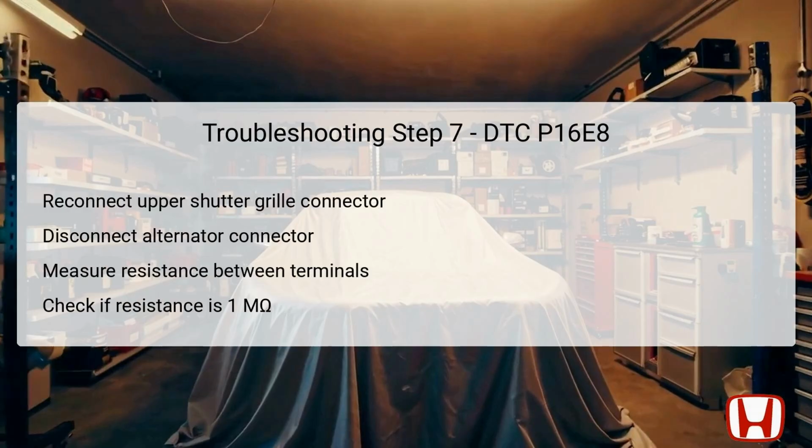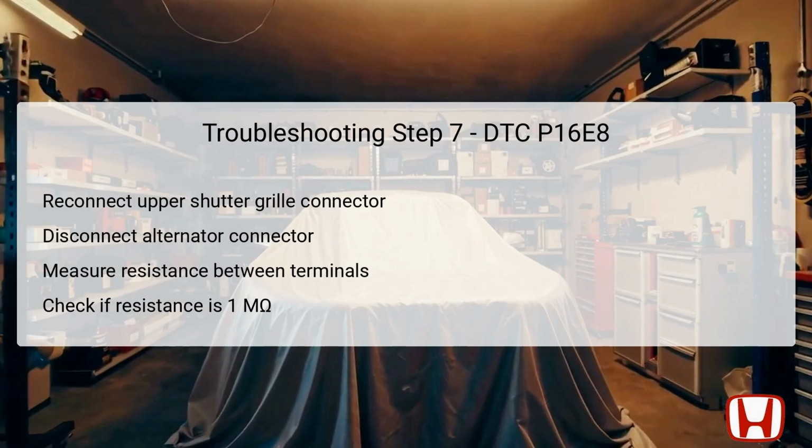In this step, the process requires reconnection of the shutter grille's upper 4P connector to re-establish baseline functionality. Following this, the alternator's 1P connector should be disconnected to assess the resistance readings between respective terminals. Measuring resistance between terminal female number 1 of the alternator connector and body ground provides insight into circuit integrity.